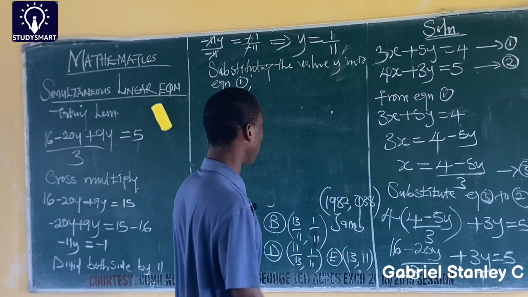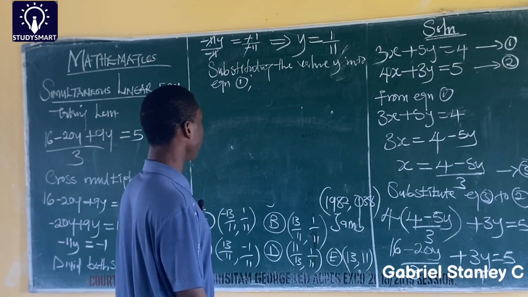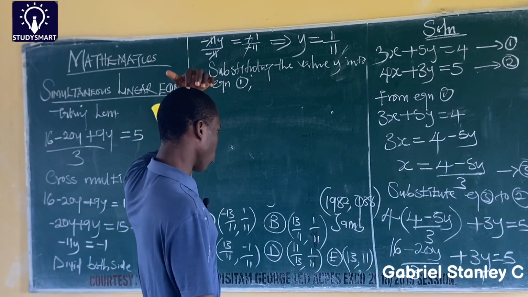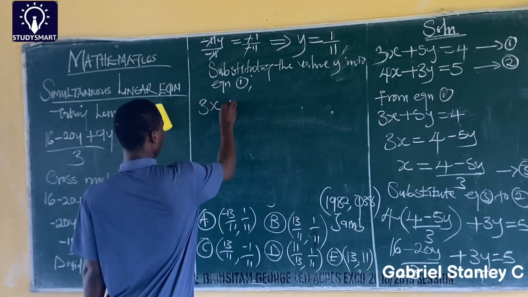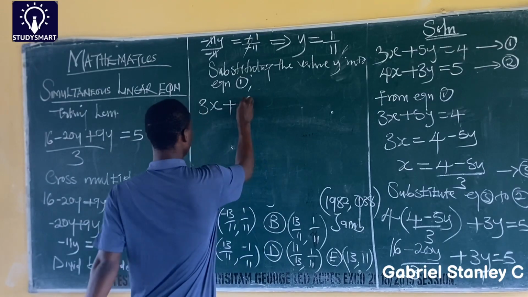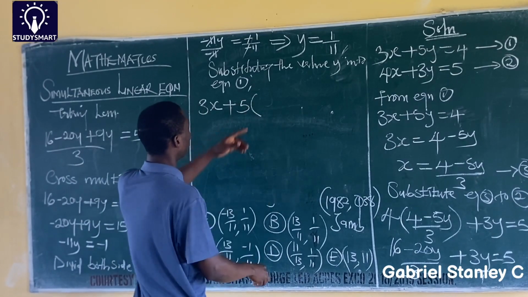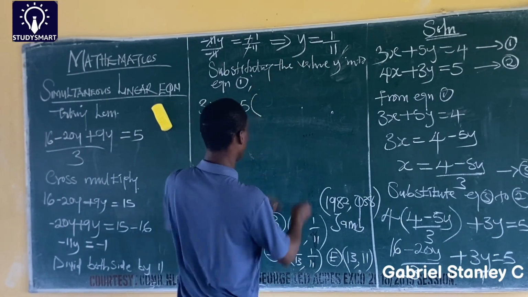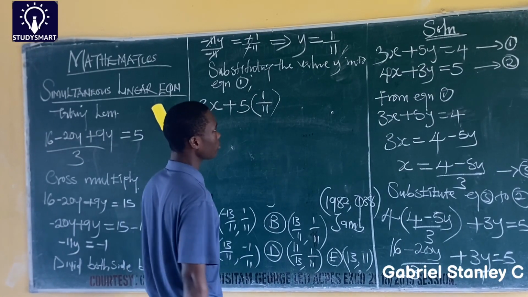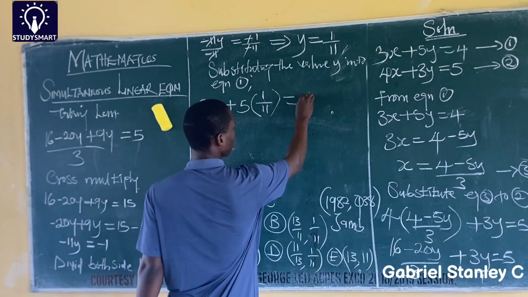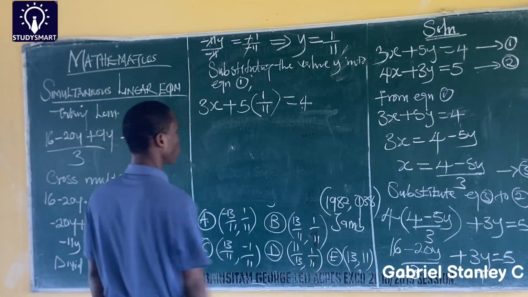The value of x is what we are looking for now. So I'll be having 3x plus 5 into my y, which becomes 1 over 11, equal to 4.